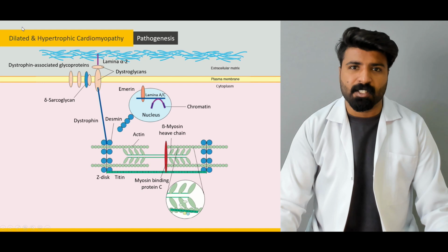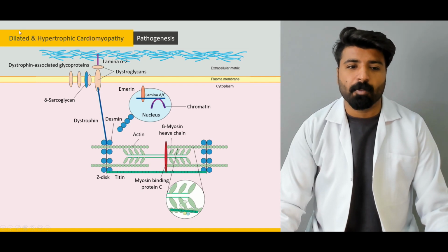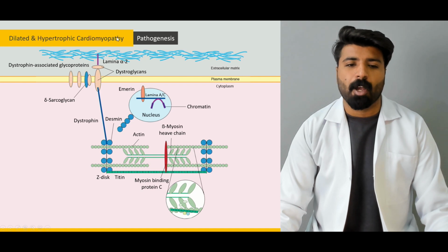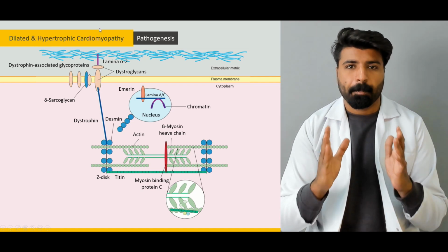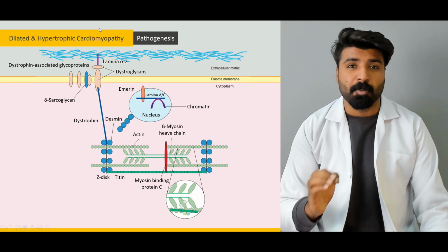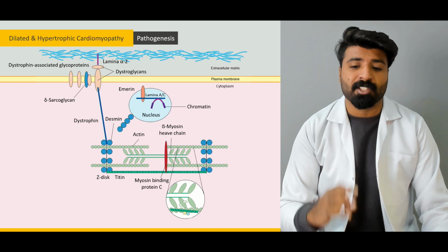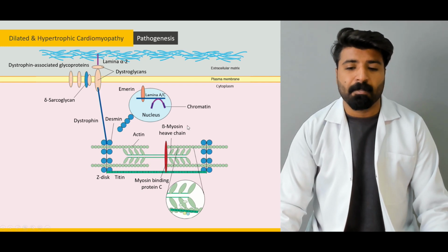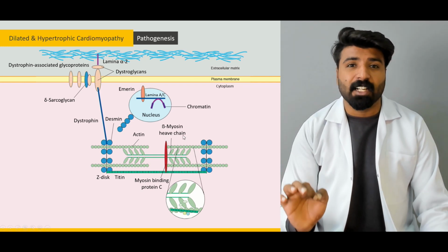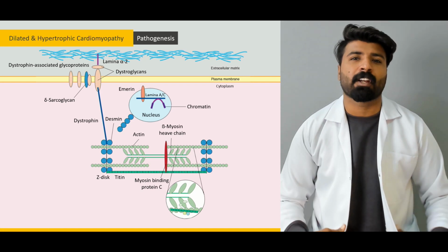So here's the difference that we were talking about between dilated and hypertrophic cardiomyopathy. In hypertrophic cardiomyopathy, the major pathogenesis, the major gene mutations lie right here. The major gene mutations affect actin, myosin binding protein C, beta myosin heavy chains. When these get affected, these lead to hypertrophic cardiomyopathy.